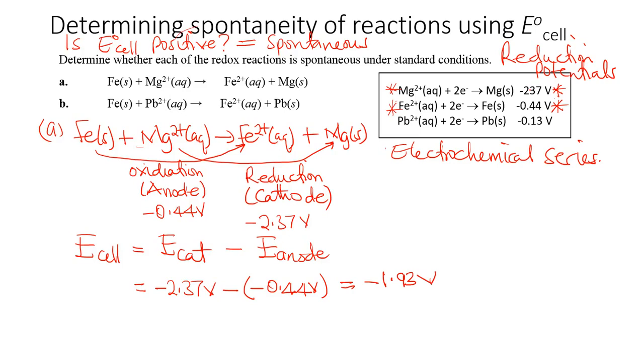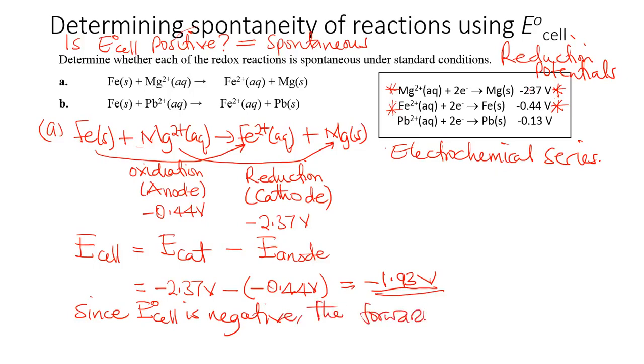Now the question is, is the reaction spontaneous? This is our E cell. So we will say that since E naught cell is negative, the forward reaction is non-spontaneous.